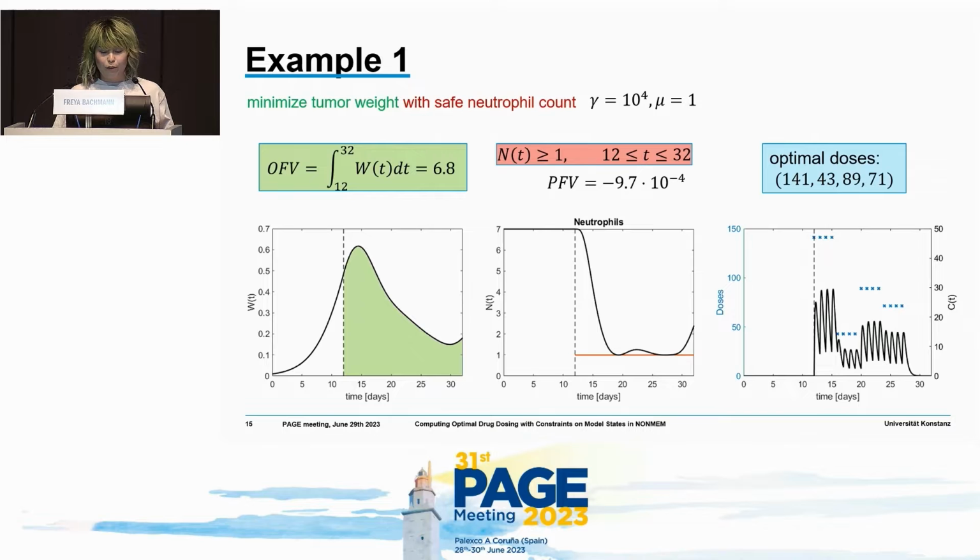And in the right panel, you see the optimal doses depicted as little blue crosses and the resulting concentration. The doses are not actually integer values, I rounded them here. And I want to emphasize that any higher doses would provide a smaller tumor, but also result in the neutrophils dropping below their threshold. So this is the smallest the tumor can get, subject to this constraint.